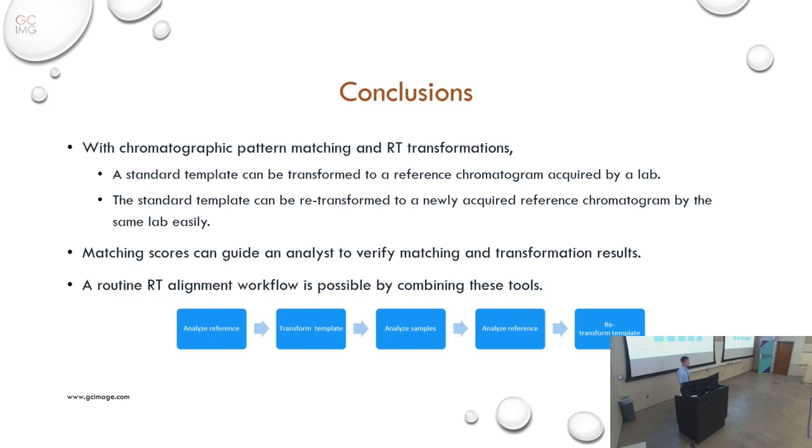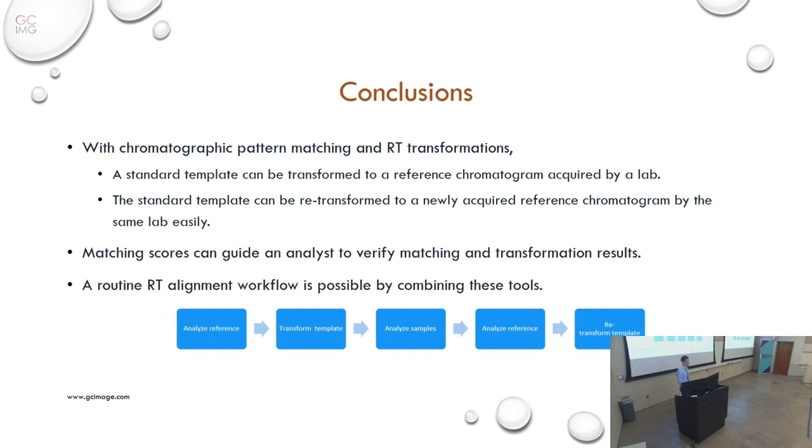And then as a periodic update to this, we can take that same standard template and retransform it to any newly acquired reference by that same lab even more easily. So a lot of this process can be automated, and in the parts that do require manual intervention, the matching scores that we compute are a great help in aiding the analyst in performing those manual steps.